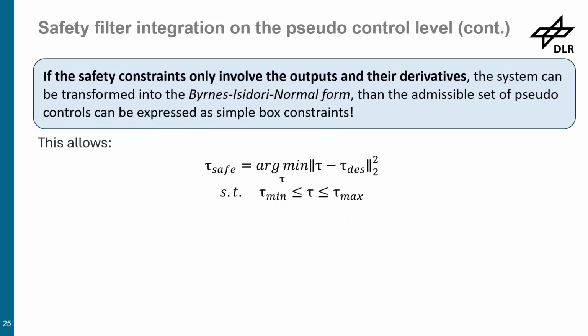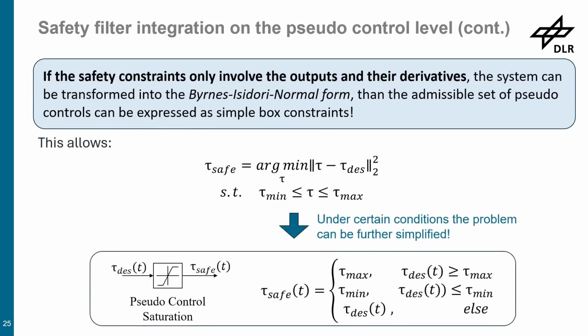And if you go further down the line and some condition is met, you can actually decouple the different degrees of freedom, right? So for an aircraft, for example, you can decouple roll safety from pitch safety from yaw safety. And if you do this, you will end up with saturation blocks. So there is no optimization needed anymore. That is cool, and you definitely save some computation time with that.